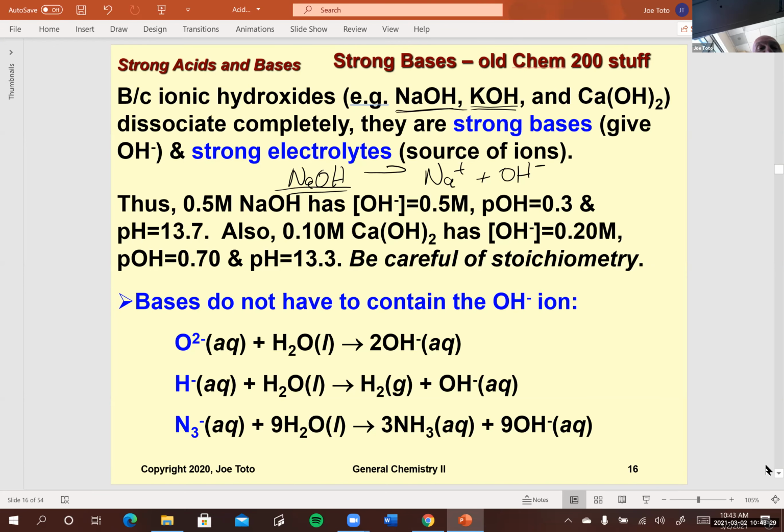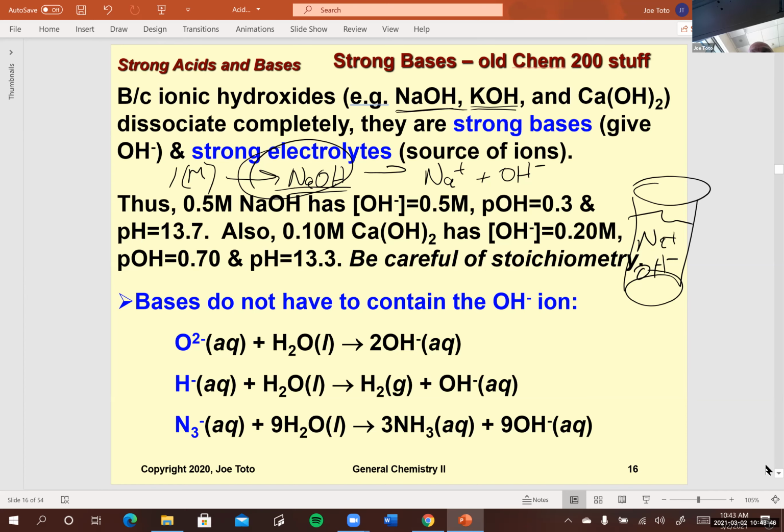Okay, so if I said I have 1 molar sodium hydroxide, I don't have any sodium hydroxide in that beaker. It's all Na plus and OH minus, because it's a strong base. And so I know I can recognize those as metals plus hydroxides.